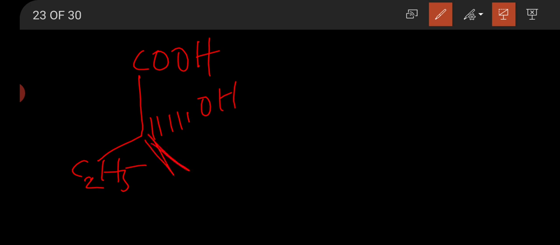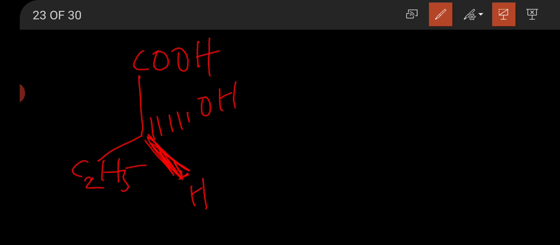COOH, ethyl bond C2H5, OH and H. Here hydrogen is present above the plane.